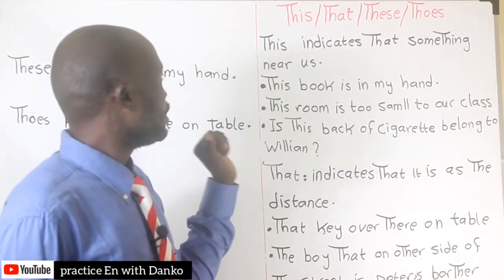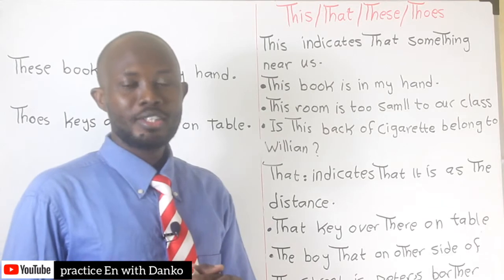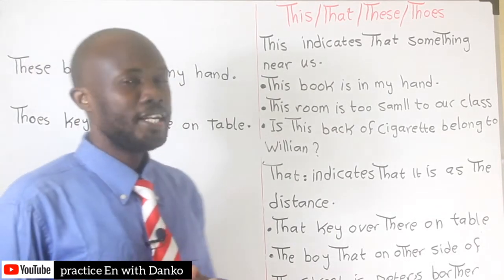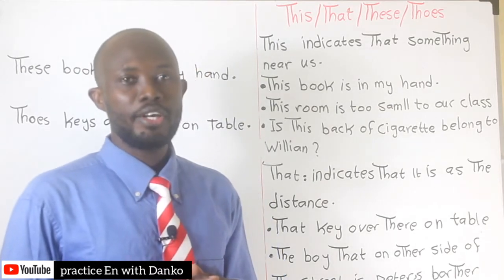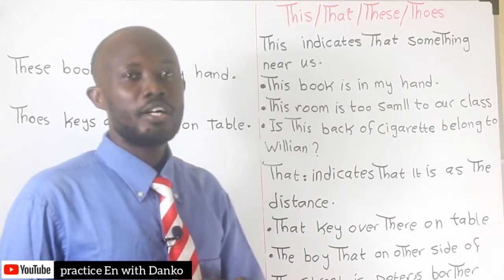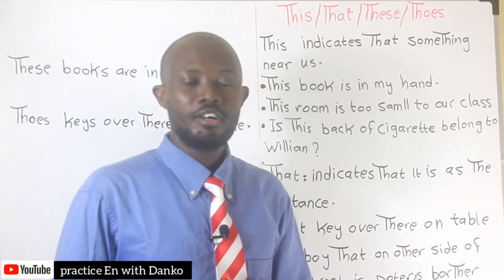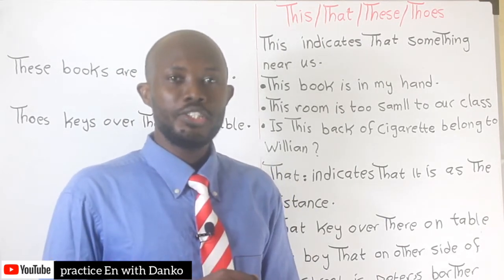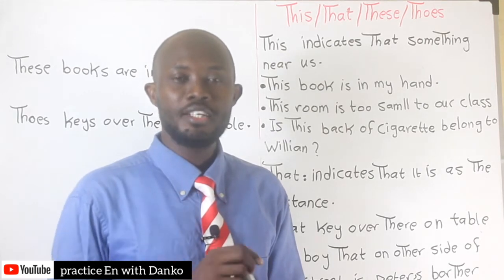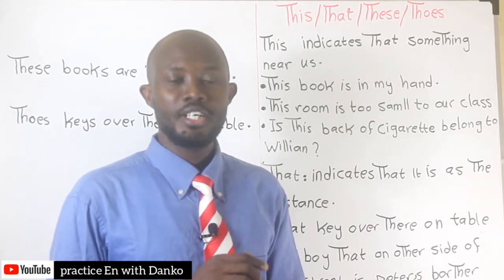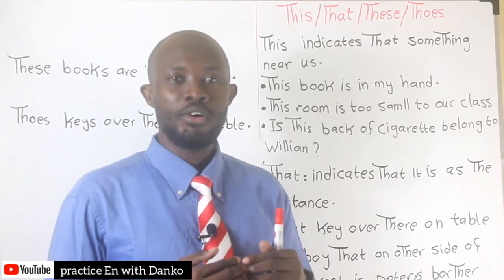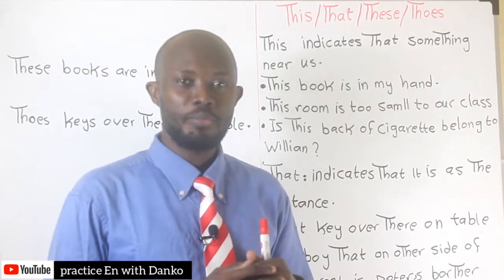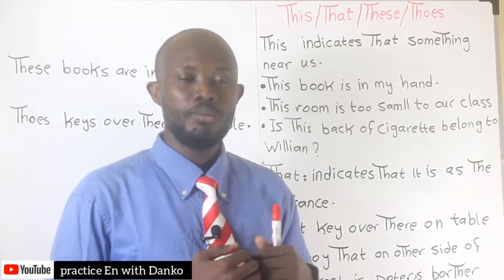First, let's start with the word this. This indicates that something is near us. Once we use this to indicate that something is near you, or you want to point to something that is close to you.